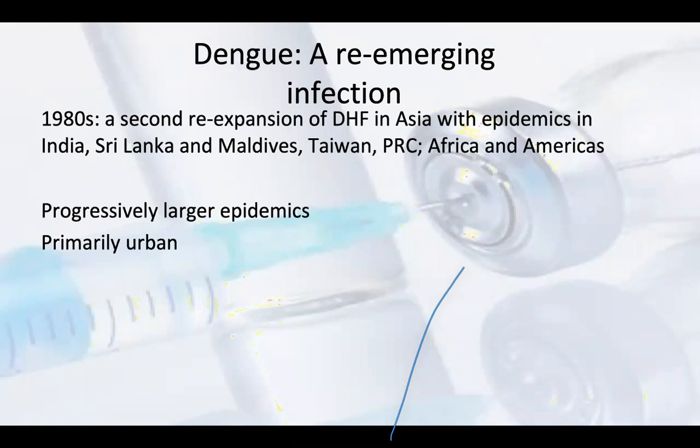Progressively larger epidemics have been reported in 2013, and in Punjab, I think in 2015, and in 2018 in KPK and Khyber Pakhtunkhwa. It is primarily an urban disease.